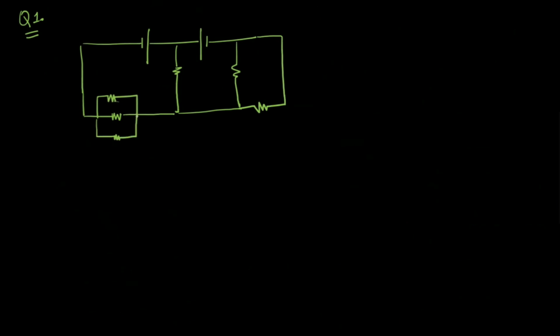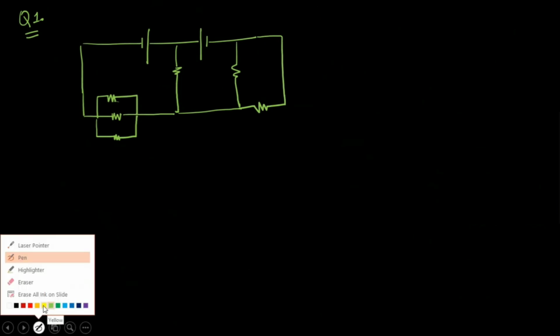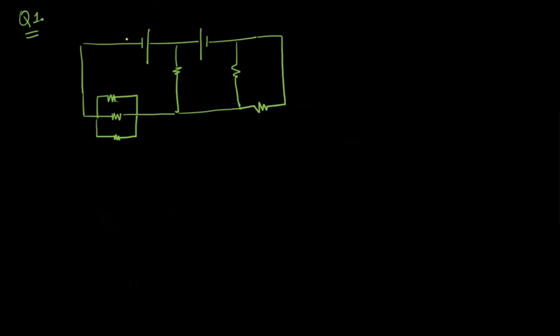It is having a combination of resistors, it's having a combination of batteries, and the value of each component is given. This battery is 20 volts, this battery is 10 volts, this resistor is 5 ohms, this resistor is 4 ohms, this is 6 ohms, this is 2 ohms, 2 ohms, and 2 ohms. The question is, find the current in each branch.